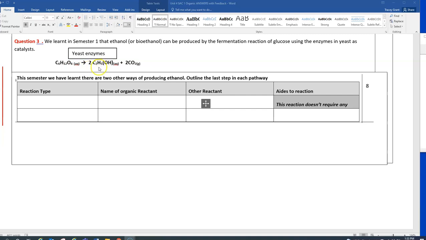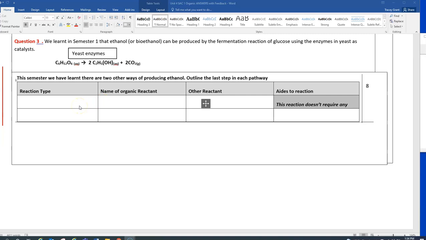So whether you're making your polymers, your starch, from whatever source, potatoes, bread, wherever, turning it into sugars and then making your ethanol, or whether you're doing it to make carbon dioxide to make bread rise, we need to know the fermentation reaction.